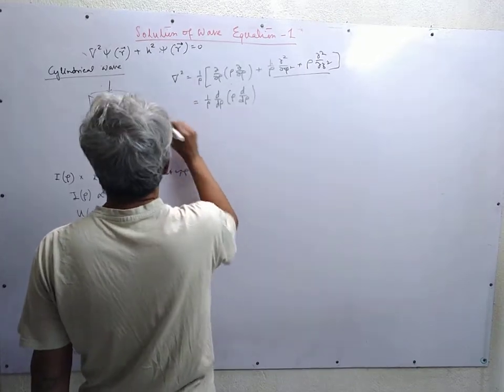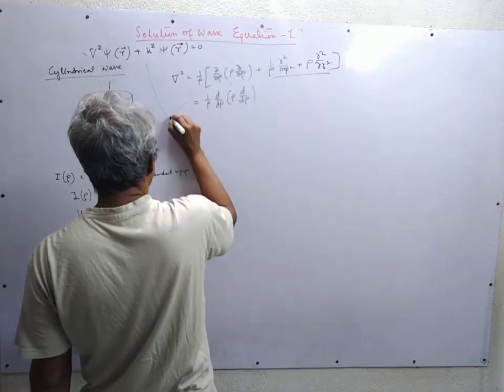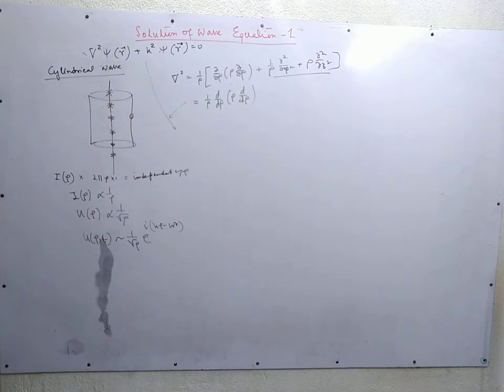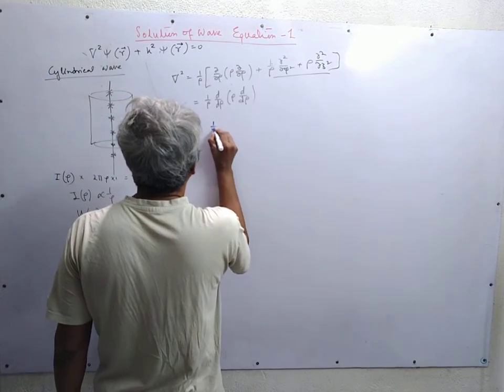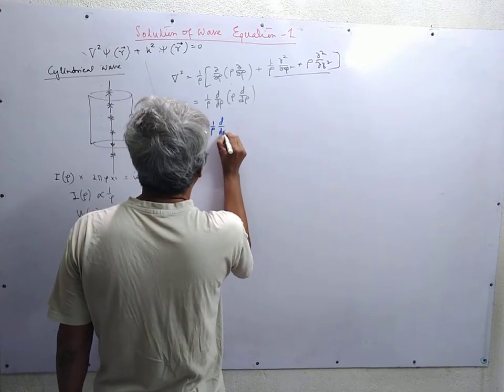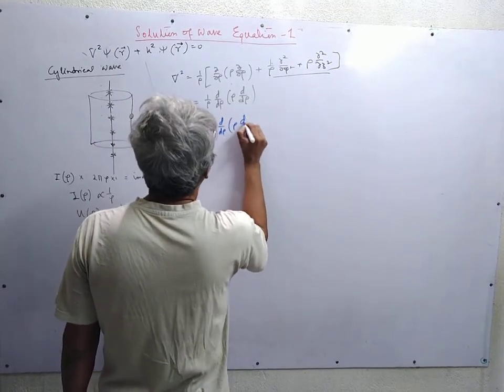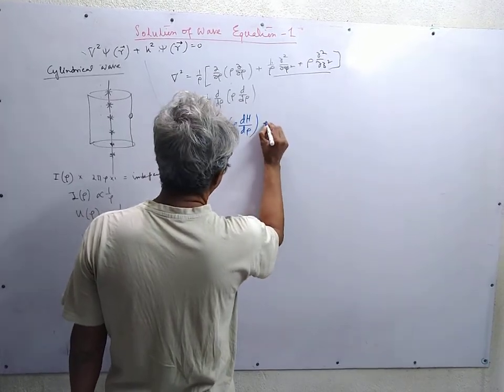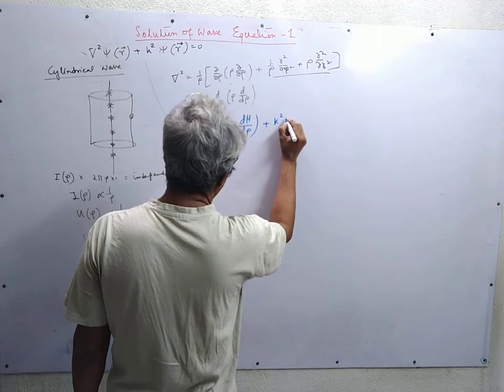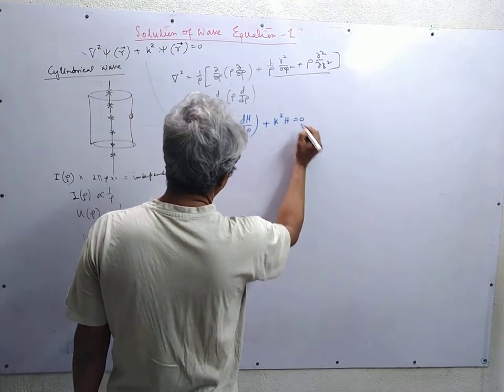So the Helmholtz equation becomes 1 by rho d d rho of rho dH d rho, plus k squared H is equal to 0.